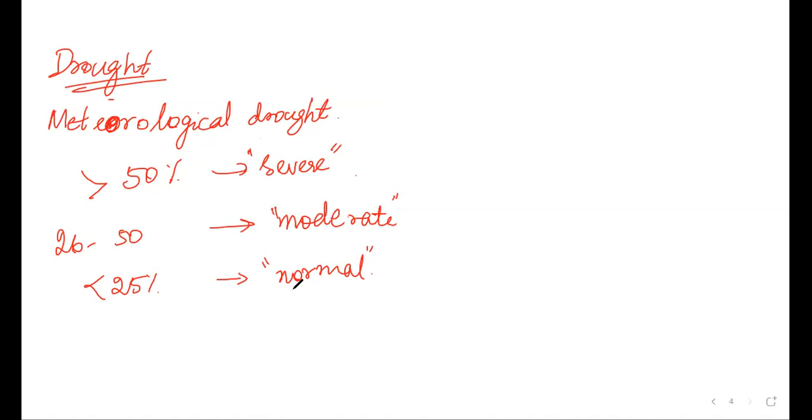The first is a very small amount of monsoonal rainfall, a very poor monsoon season, an early withdrawal of monsoons, or a prolonged break in monsoon.